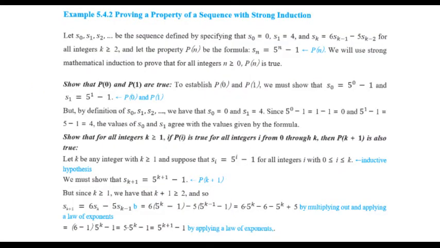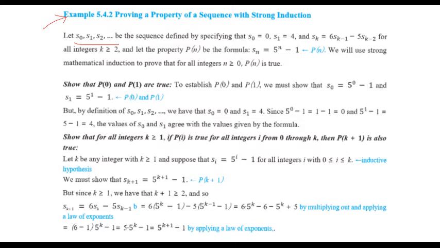Okay, so as another example of strong induction, let's see example 5.4.2, which basically wants to prove a property of a sequence using a strong induction. So let S0, S1, S2 be the sequence that we are going to prove one of its properties using a strong mathematical induction.